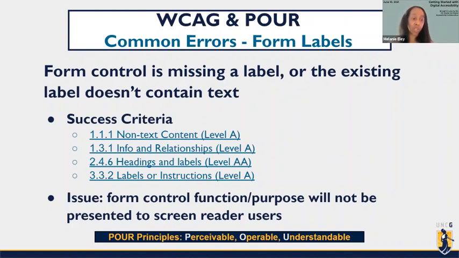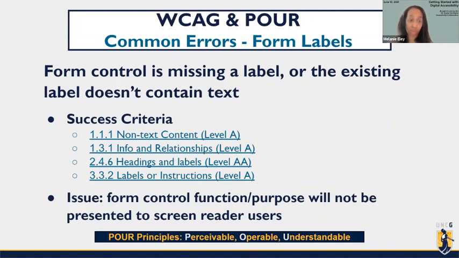The main issue here is having a missing or improperly labeled form label. The function or purpose of that button, radio, checkbox or edit field is missing. Someone who's using a screen reader won't know what that button is supposed to be for.